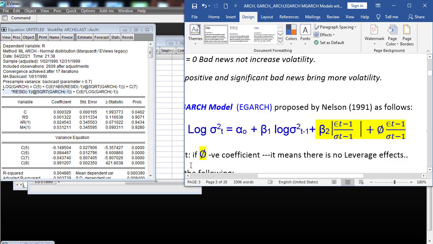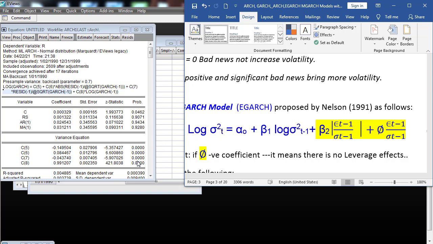I repeat it again for this term here, which is C7, negative 0.0437 and statistically significant. Here, the p-value is significant at the 1% level, and this negative sign means if the error term increases, the volatility decreases, which is an inverse relationship between the error term and volatility.